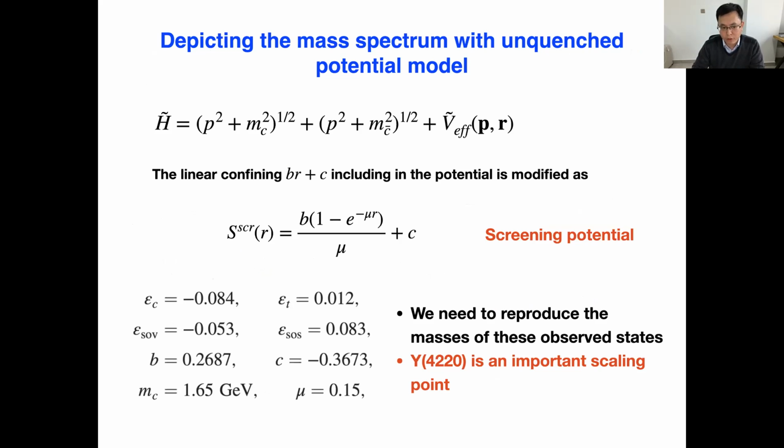I emphasize that the linear confining potential included in the potential should be modified like this. It means that we should include the screened potential to describe the J/psi family. We did this calculation, and we found that we can reproduce the masses of the observed charmonium states in the J/psi family, like this state.